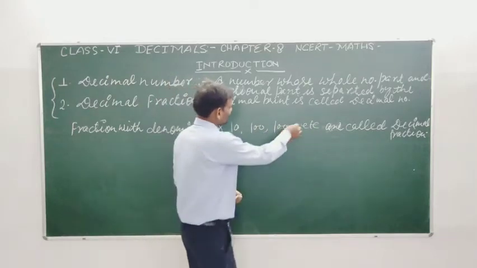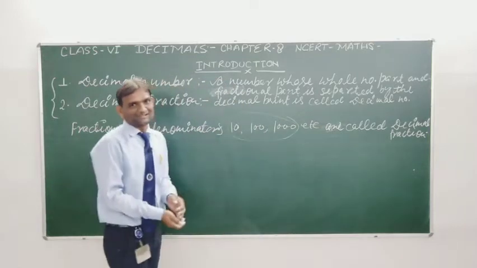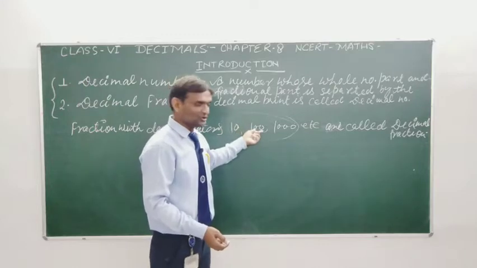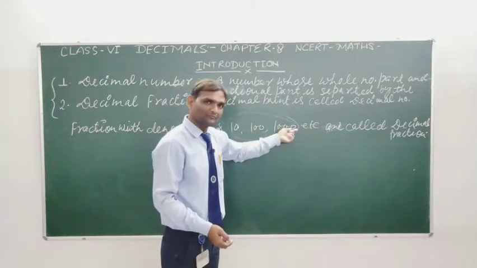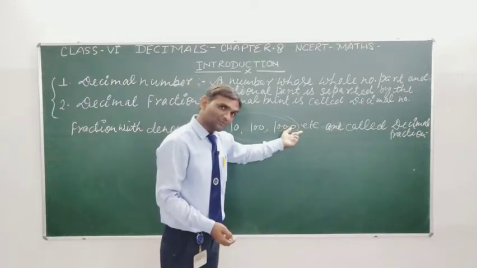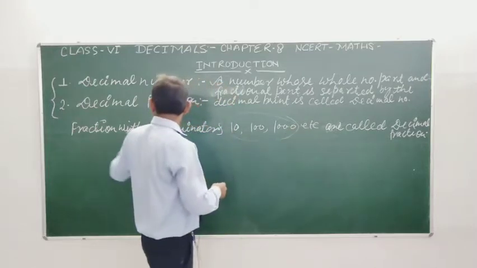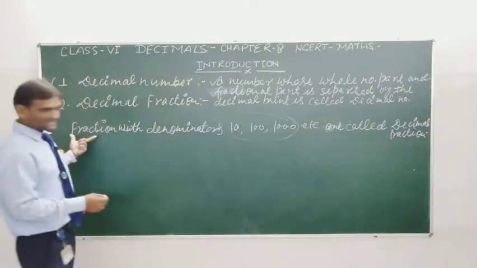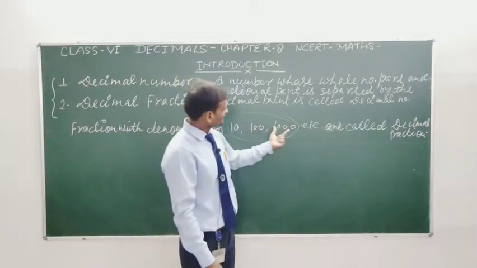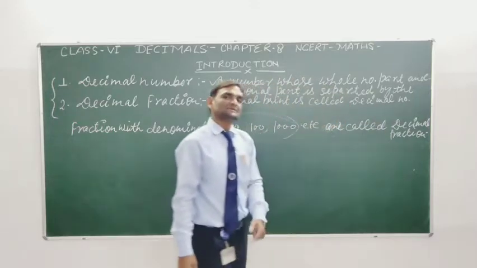You can say this type of number is a 10 type number, student. It means 10, 100, 1000. And you can write 10,000 also, 1 lakh also, 10 lakh also. So fractions with denominators 10, 100, 1000, etc. are called decimal fractions.